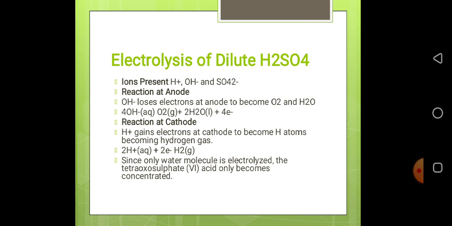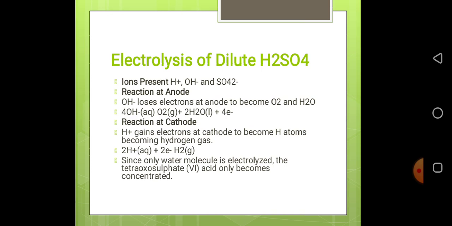So the OH loses electron at anode to become oxygen molecule and water molecule. So 4 OH ions give oxygen plus 2 H2O plus 4 electrons. For the reaction at the cathode, hydrogen gains electron at cathode to become hydrogen atom, becoming hydrogen gas.